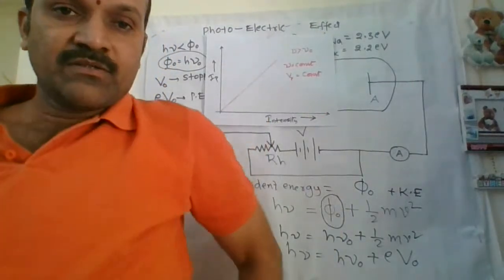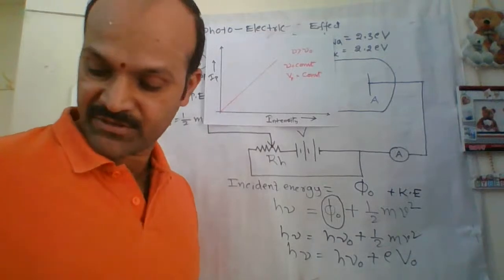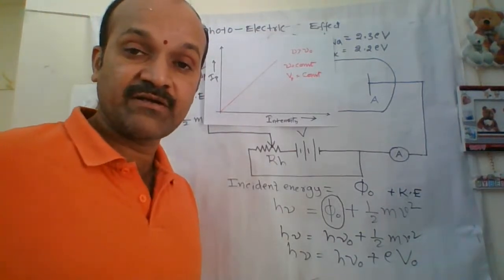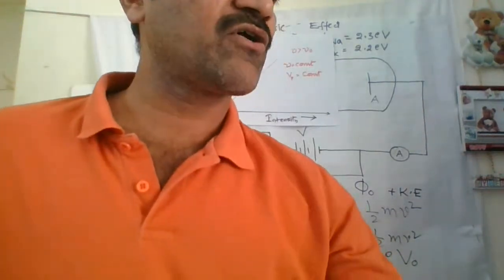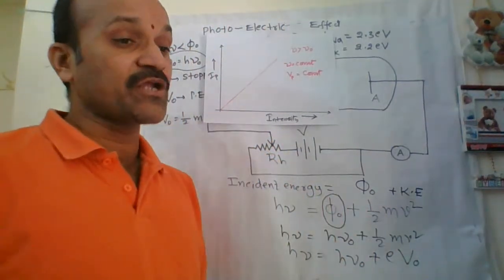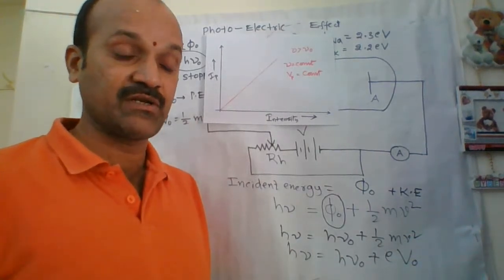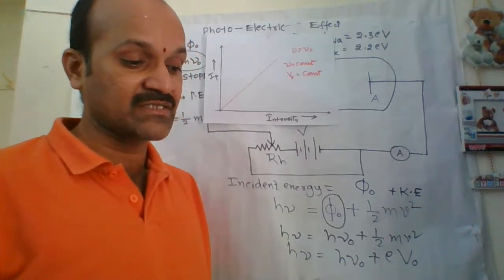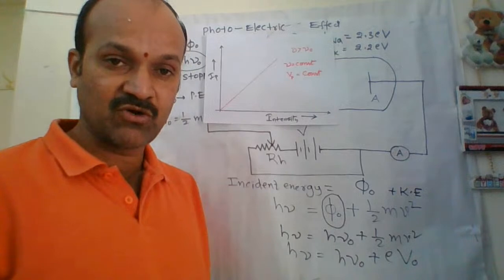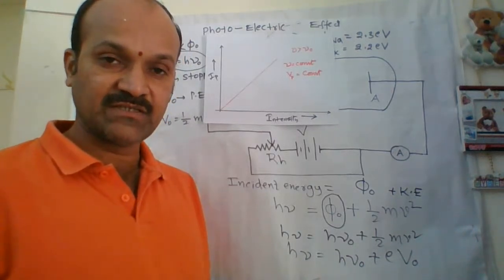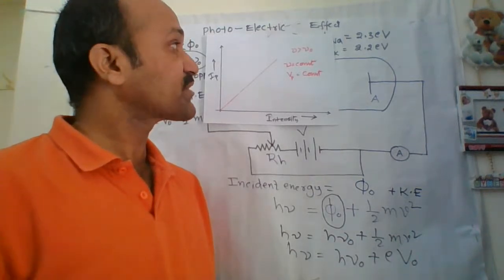Now, this is one more important effect: effect of intensity of light on photocurrent. In the previous topic, we discussed the effect of potential on photoelectric current. Now we are discussing the effect of intensity on photocurrent. So intensity of the light is taken on the x-axis and photocurrent on the y-axis.